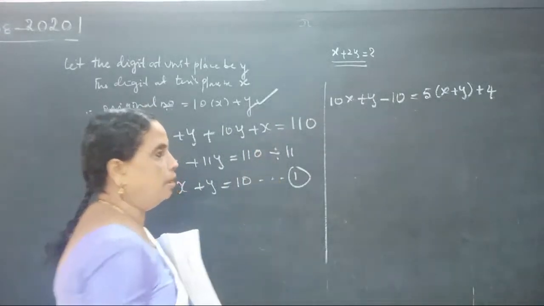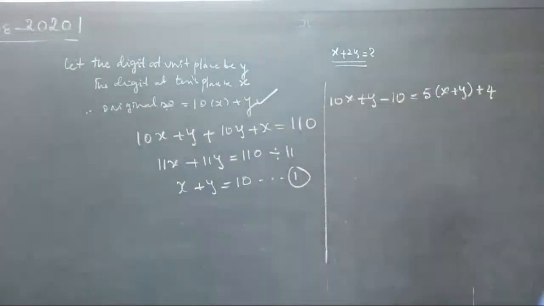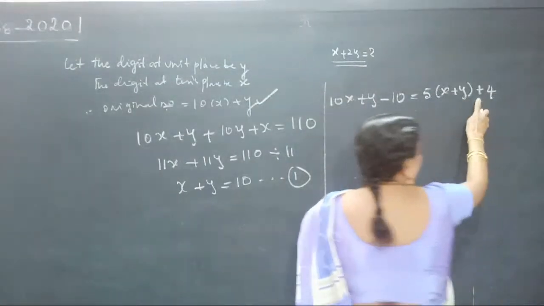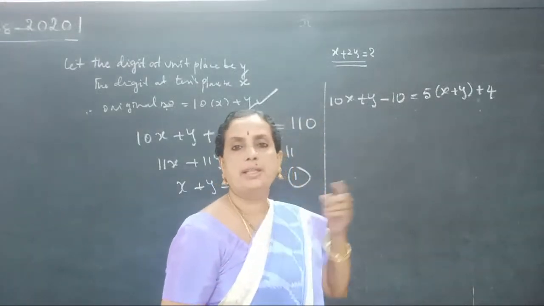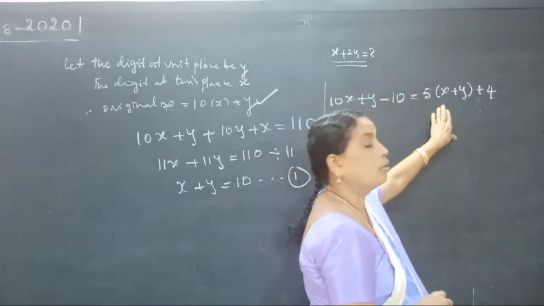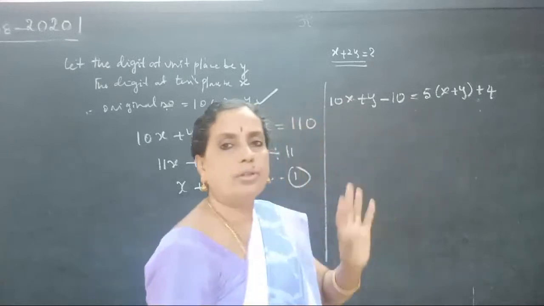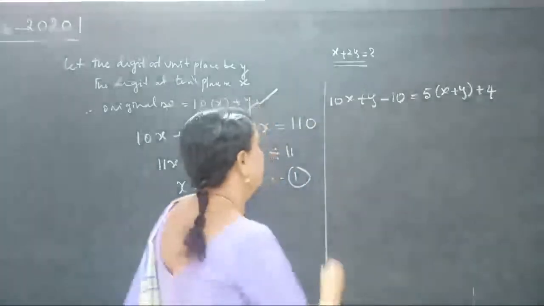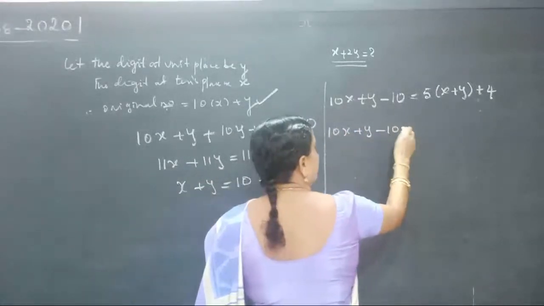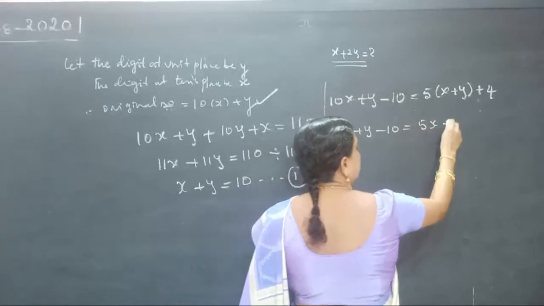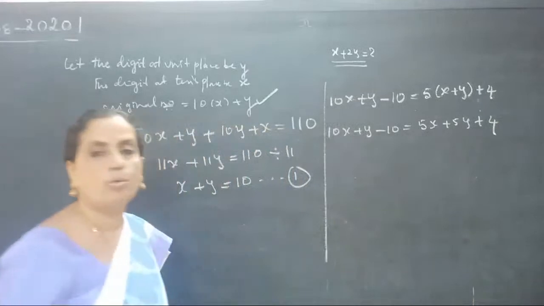To the original number, if 10 is subtracted, then it will be 4 more than, meaning plus 4, 5 times the sum of the digits. We are not given the unit place or tens place value, so we consider the sum of the two digits x and y. But you get 10x plus y minus 10 equals 5x plus 5y plus 4. I just removed the bracket.